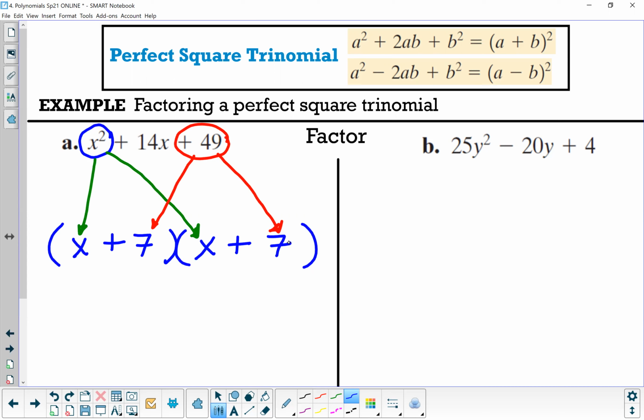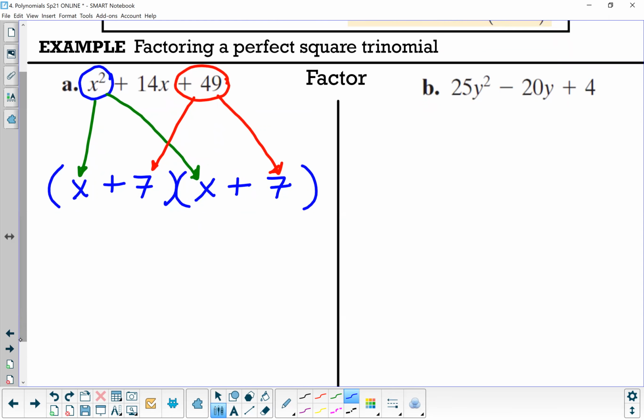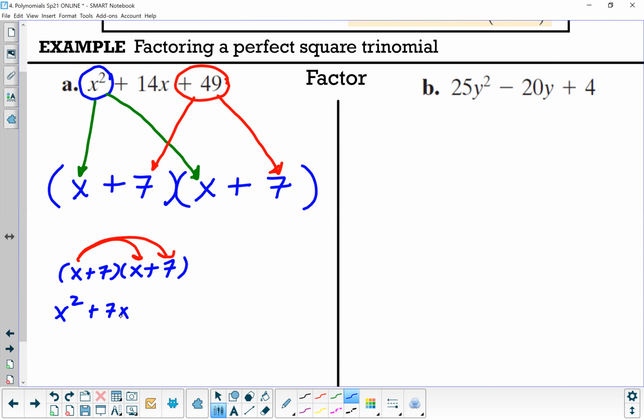Now, the nice part about guessing and checking is if you guess correctly in the beginning, it solves the question very quickly. If you don't, it could take longer. But nonetheless, I'm going to check my work. If I multiply out x plus 7 times x plus 7, remember you're distributing the x to the x plus 7, that gives you x squared plus 7x.